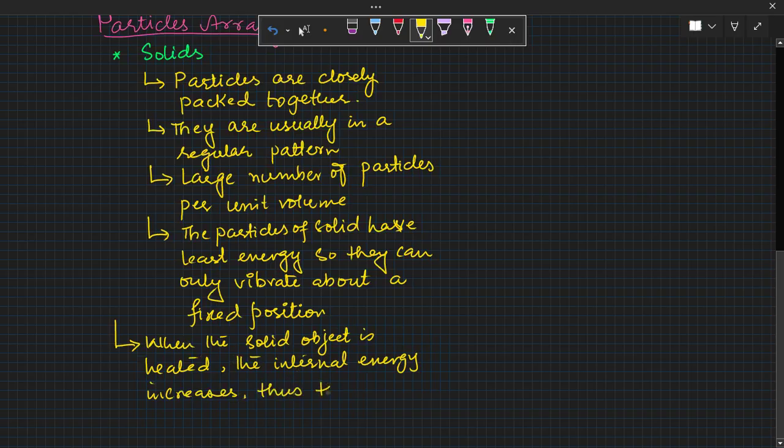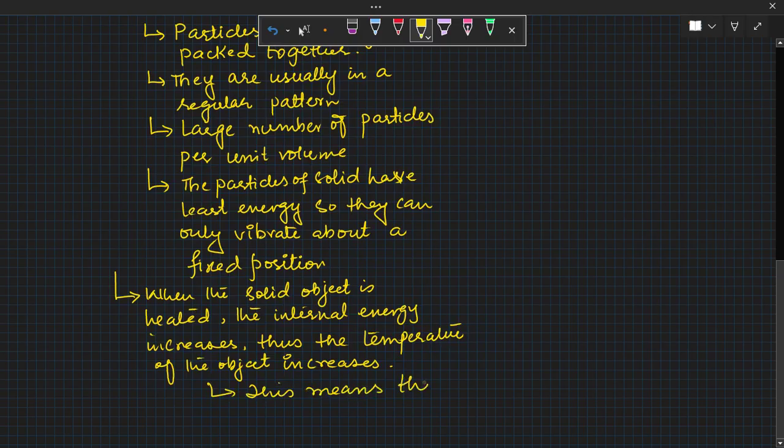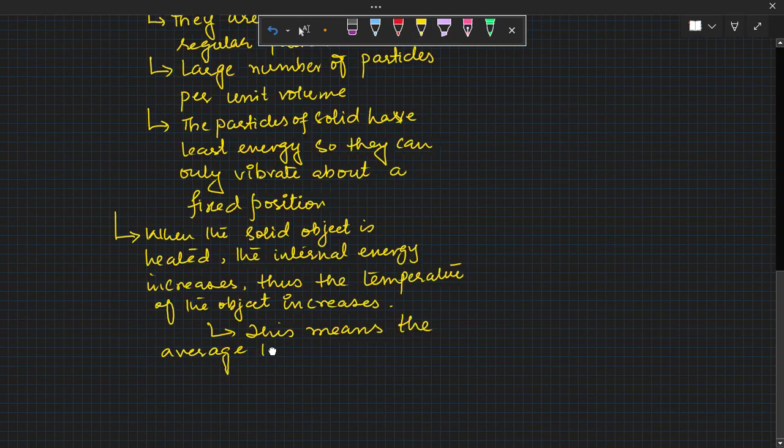Thus the particles vibrate more, and the temperature of the object increases, right? This means the average kinetic energy increases.